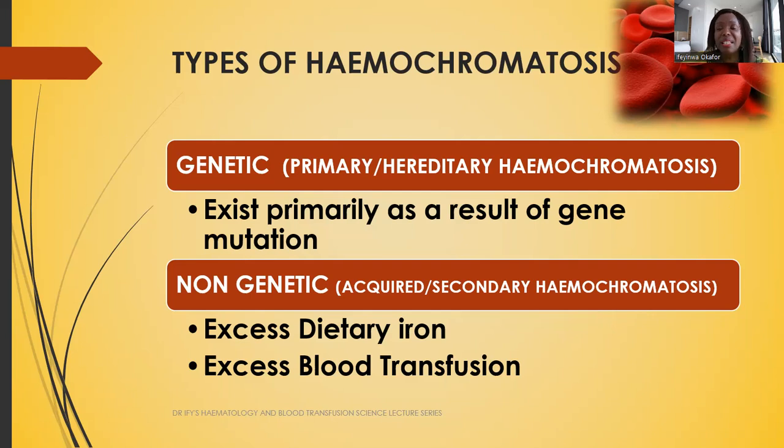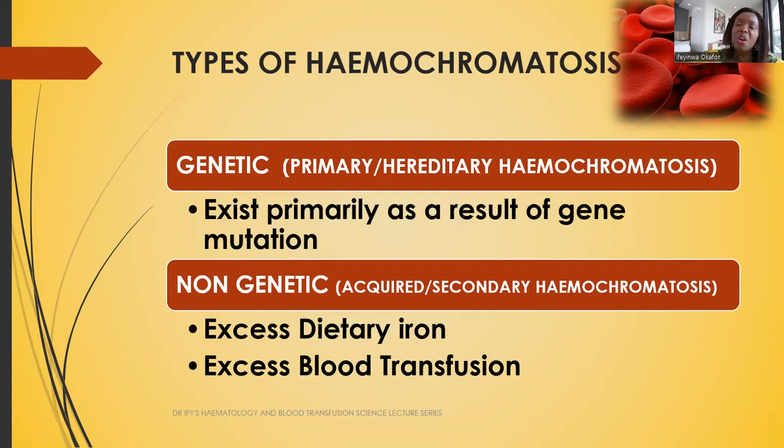We have the non-genetic type that is called acquired or secondary hemochromatosis. It is as a result of having excess absorption of iron from our diets or being exposed to excess blood transfusion.